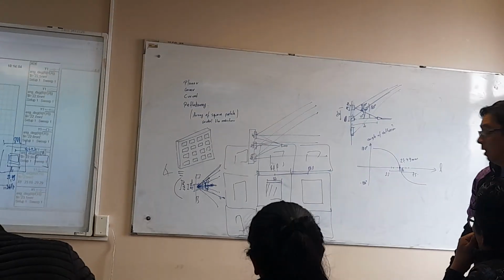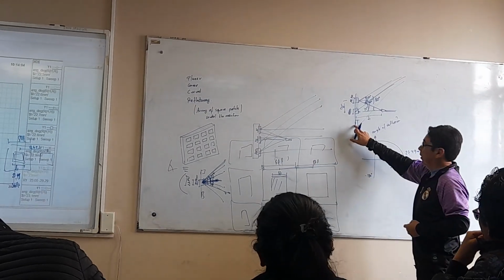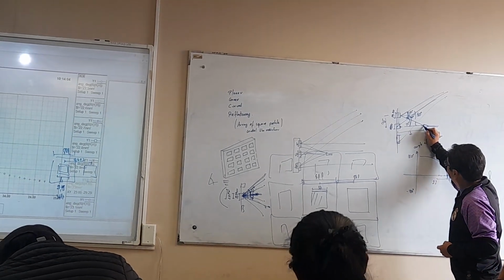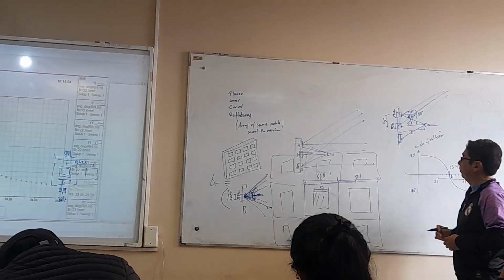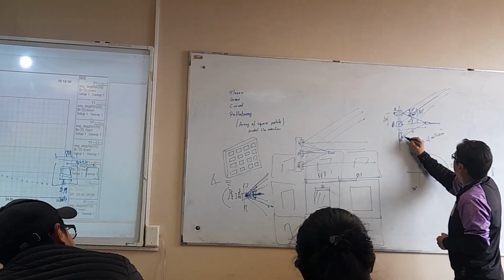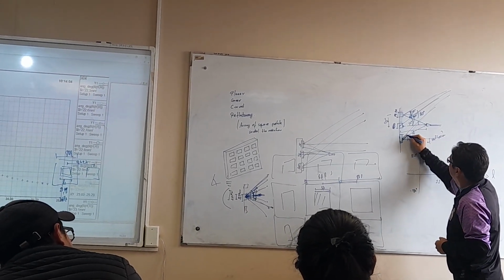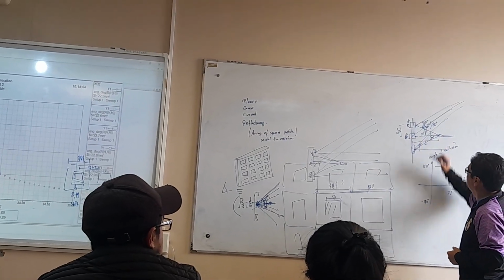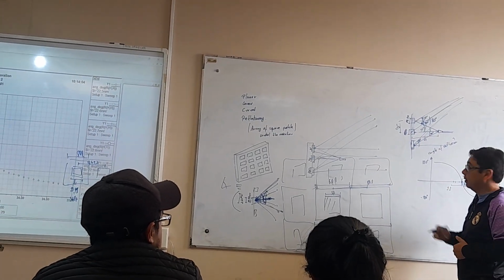Now, let's work with this. We send a wave plane in this direction, and we need this angle that is 50 degrees. We say that it is symmetric. Obviously, for this example, we say that this is 30 degrees.